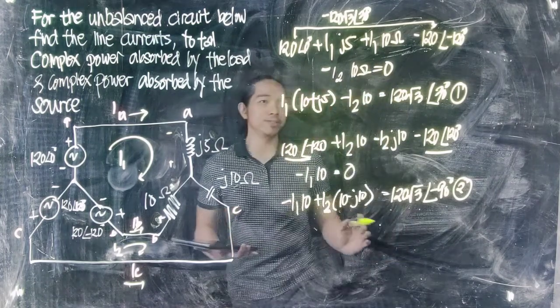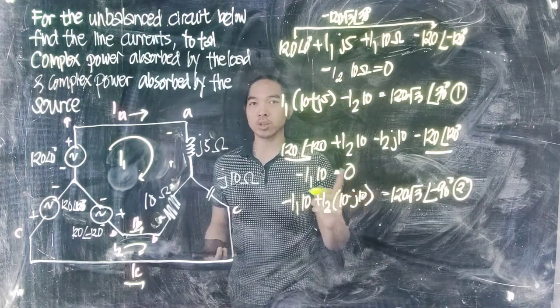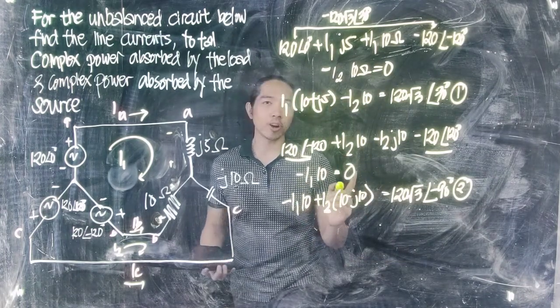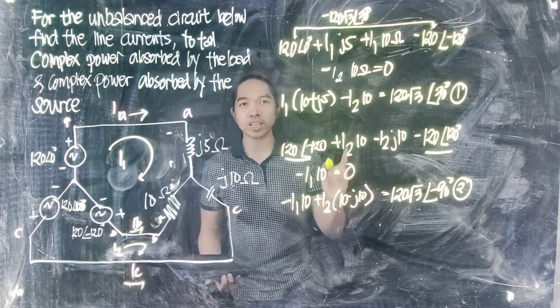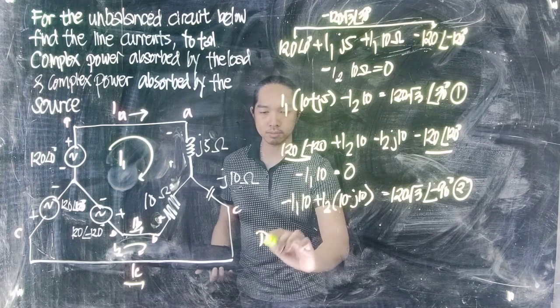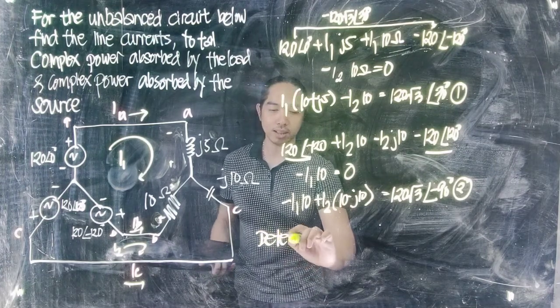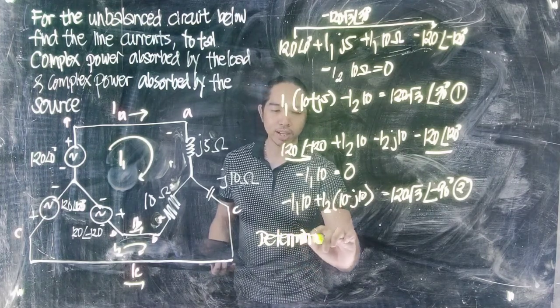How do we solve this? By using two equations and two unknowns. If you're finished with your advanced mathematical methods in engineering in undergraduate years, you can solve it using determinants. It's the most efficient way. Why determinants?